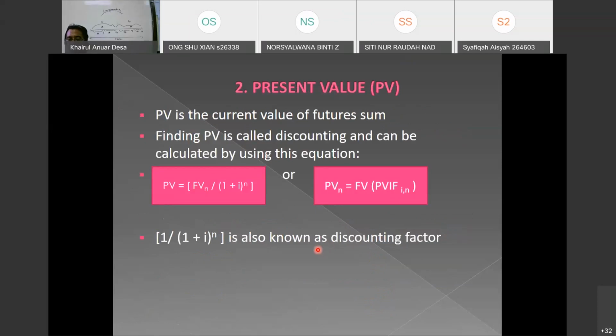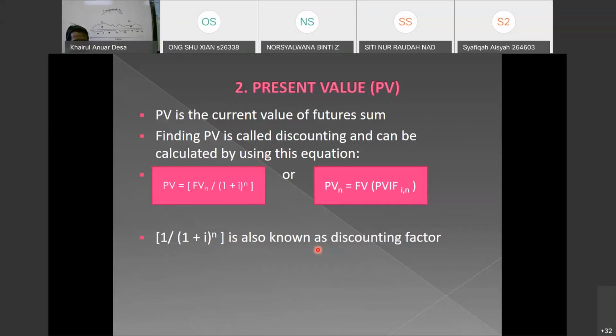Okay, future value. Ada masa lagi? Future value, any question, future value? Kalau okay, just bagi emoticon dekat kita punya Webex.